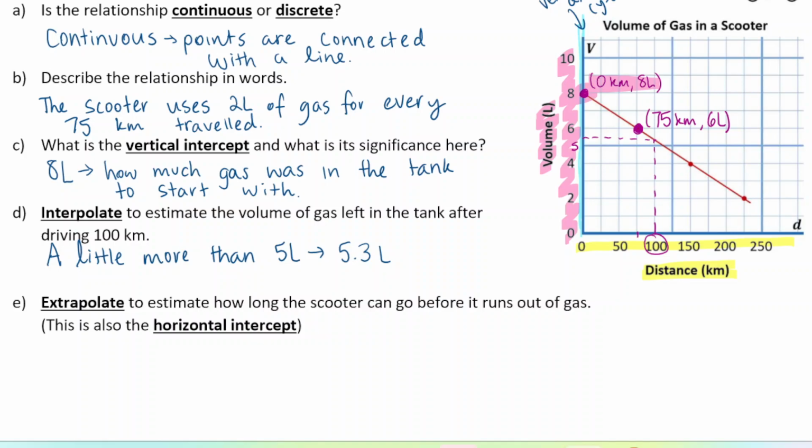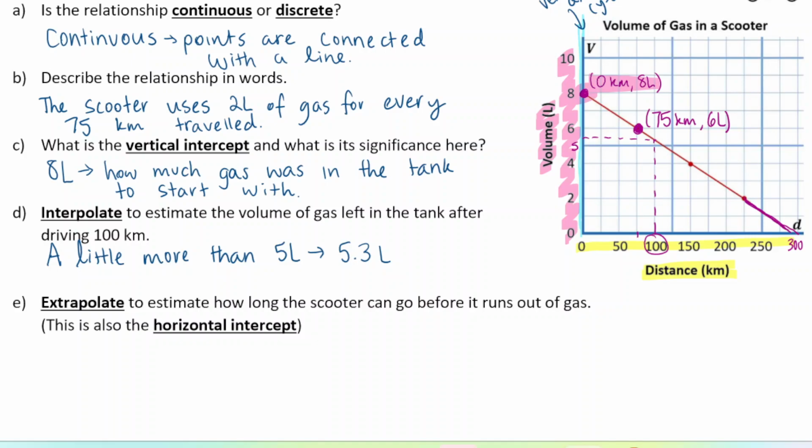So if you have a ruler, use it. I can't use one on my screen here, so I'm just going to extend this down. And it looks like we're going to intersect the x-axis at about 300 kilometers.